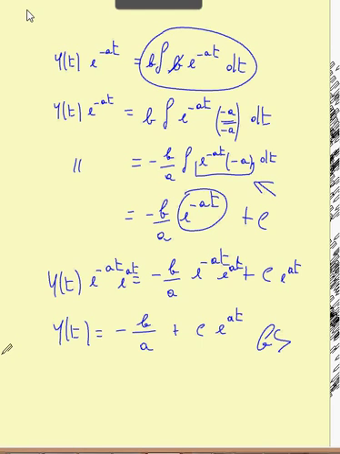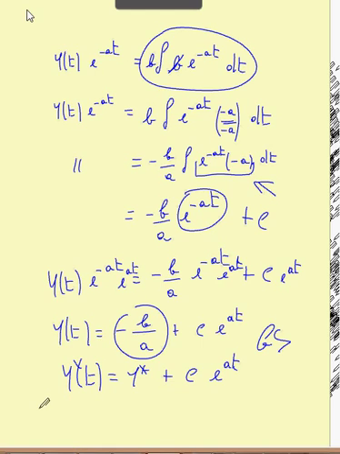From the general solution, you get this? Yes, because c multiplies e to the power of 0, which is 1. This implies that c is equal to y0 minus y star. The constant is the difference between the initial value of the variable and the equilibrium value of the variable.